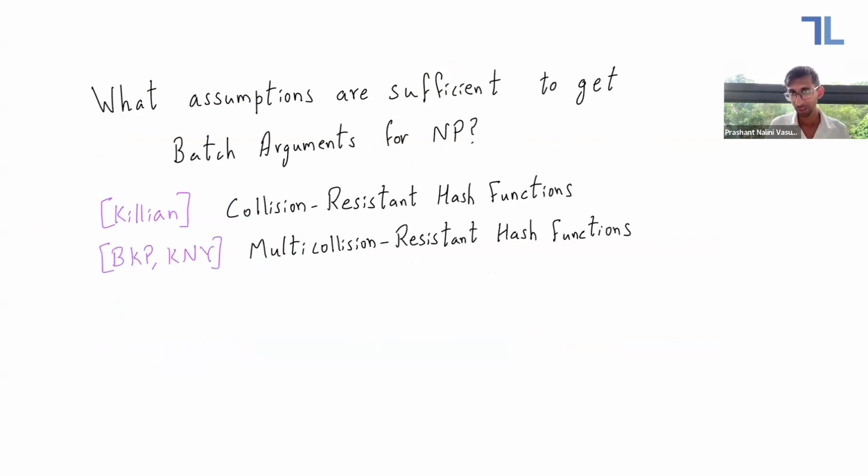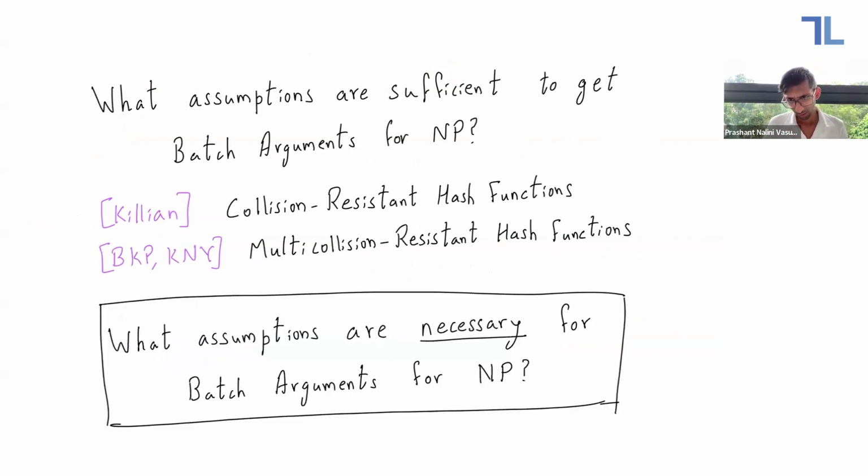These constructions typically use some kind of collision-resistant hash functions. And they also have some other nice properties, but it is so far not really known what assumptions are necessary for these kinds of batch arguments. Like we know we have constructions for NP, but they use these collision-resistant hash functions. But do you need them, or can you construct them just from one-way functions?